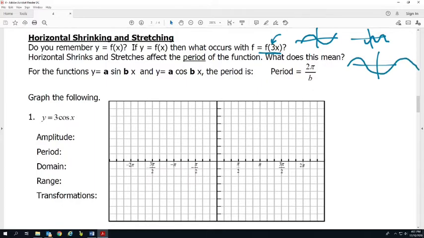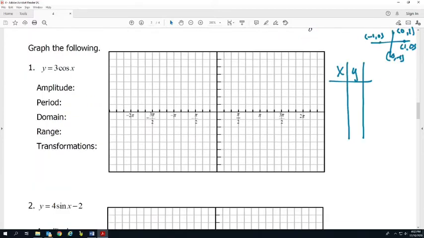So that's what the number in front of the x will do. The horizontal shrinks and stretches will always affect the period of the function. For functions y equals a times sine b of x, this b value right here on either one of those is what we're going to plug in to get the period. All right, now let's do some examples.